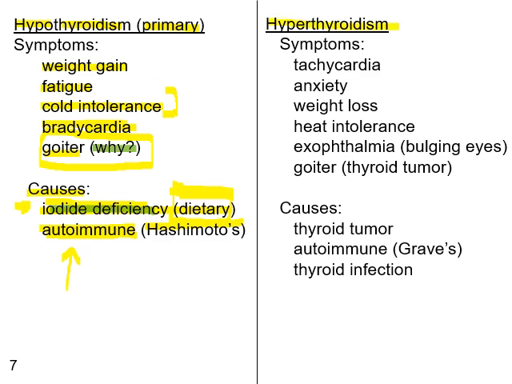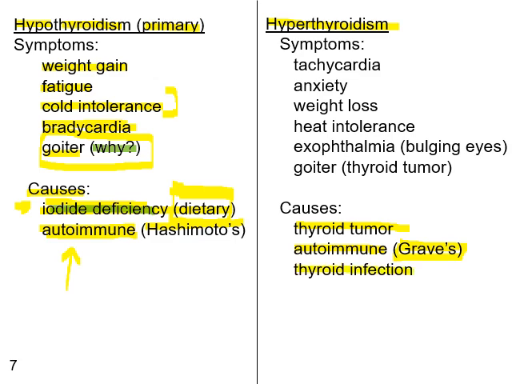So hyperthyroid, too much thyroid hormone, can be caused by a tumor of the thyroid gland. It can be caused by an autoimmune disease, but this is an interesting one. This is Graves' disease. In Graves' disease, the immune system produces an antibody that activates the TSH receptor. And so this is an immune activation of the thyroid. And so it hyperactivates the thyroid and causes hyperproduction of thyroid hormone, or hyperthyroidism.